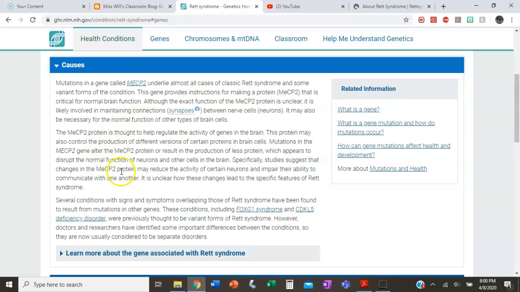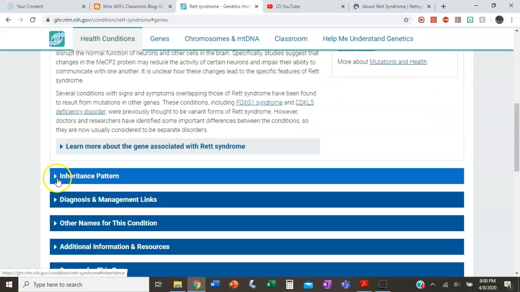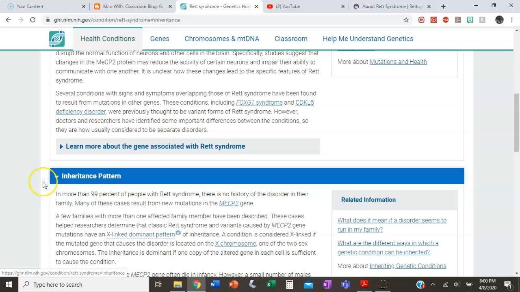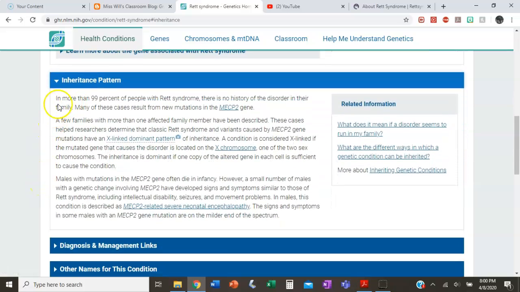So that's important information. You also want to look at inheritance pattern, because we want to know, is it inherited? Well, it tells us here that in this particular syndrome, in 99% of people there's no history of the disorder in their family, so they're not getting it from their parents. It's a new mutation that happens in that gene. All right.